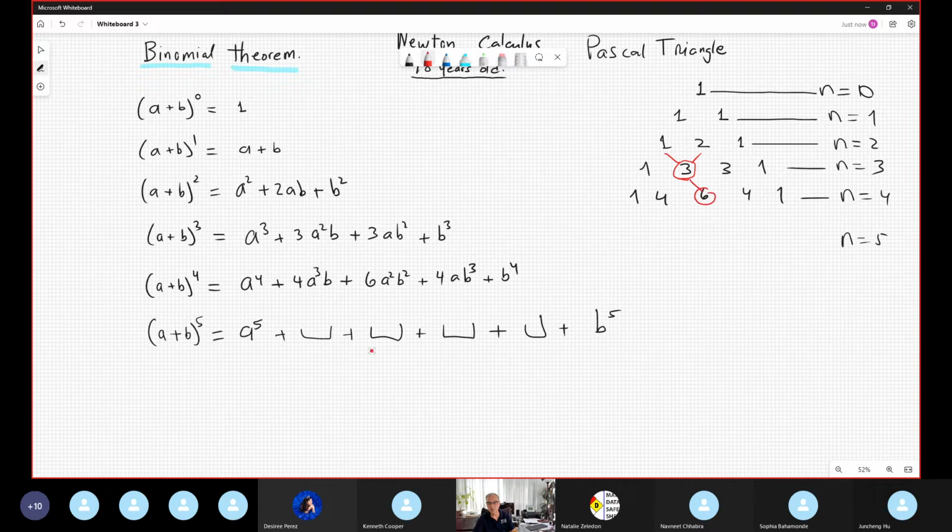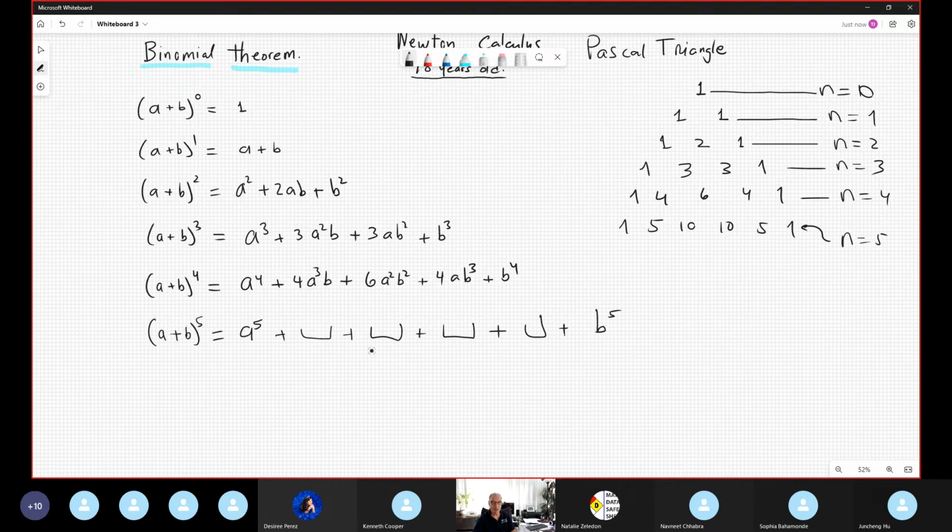This number is 3 plus 3. And this happens always. 4 is 3 plus 1. You see? So we can predict the rest. For example, for 5, we always start with 1, this is 5, this is 10, this is 10, and this is 5 and this is 1. This is for n equal 5.